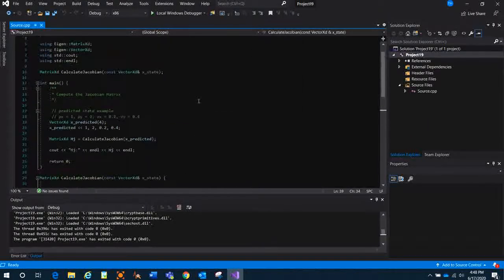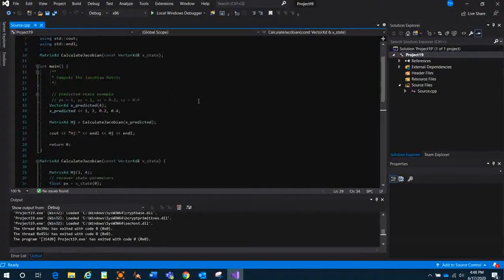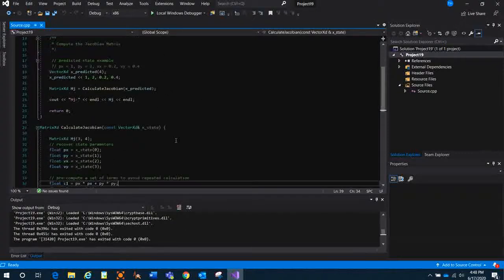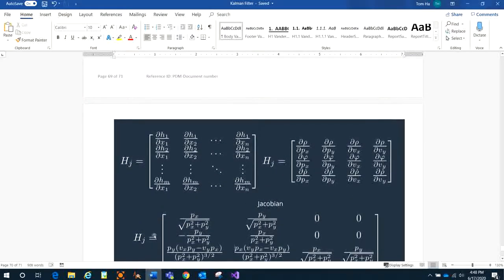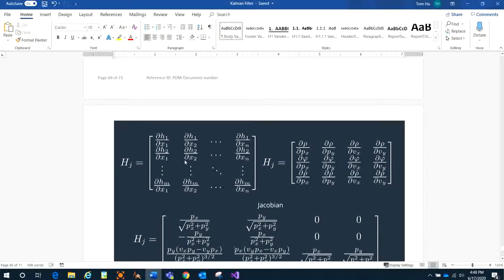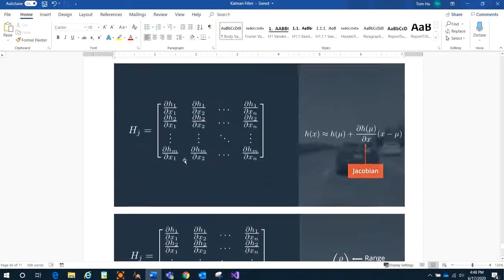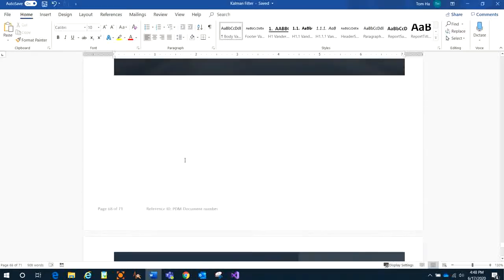Very easy, but perhaps you really understand. But before you code, I hope you understand the basics of why we need the Jacobian this way, because we apply the extended Kalman filter here.